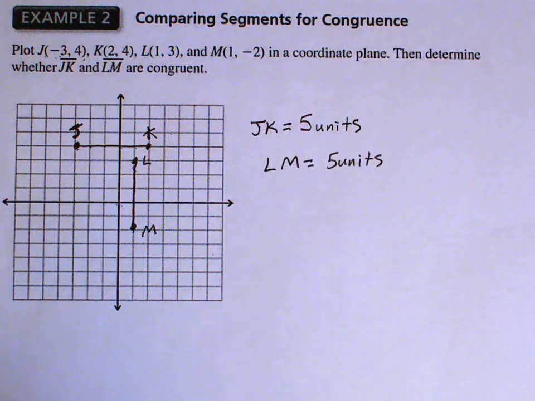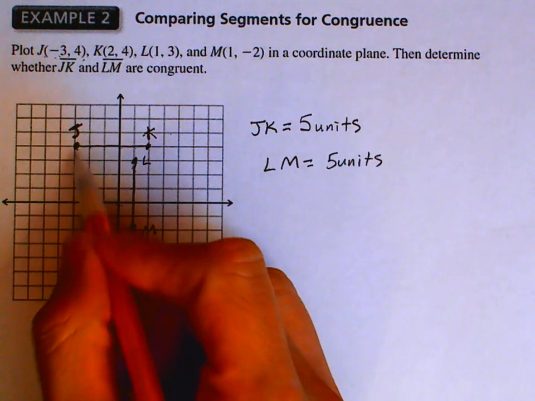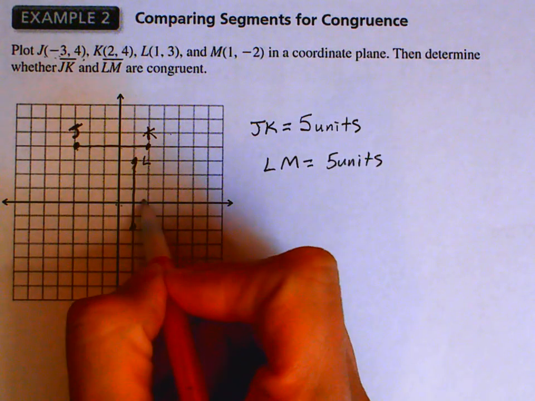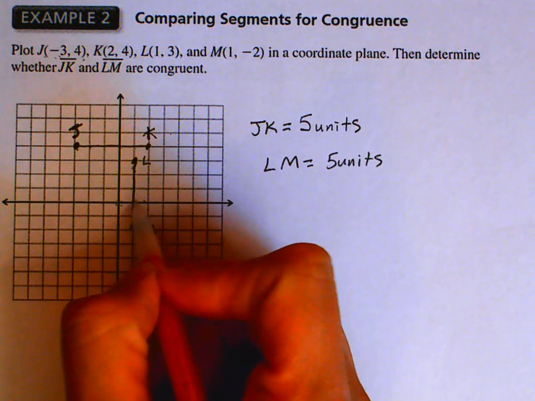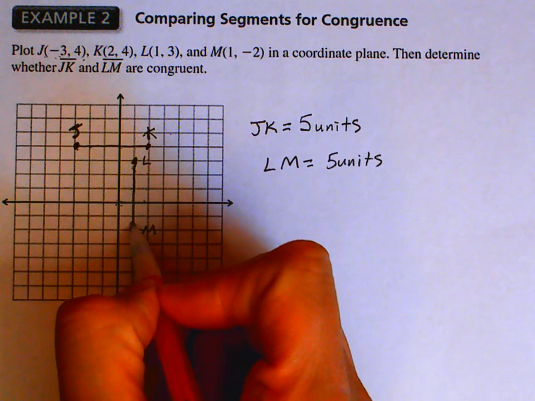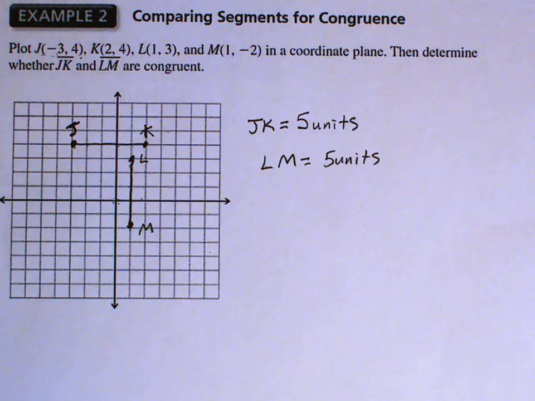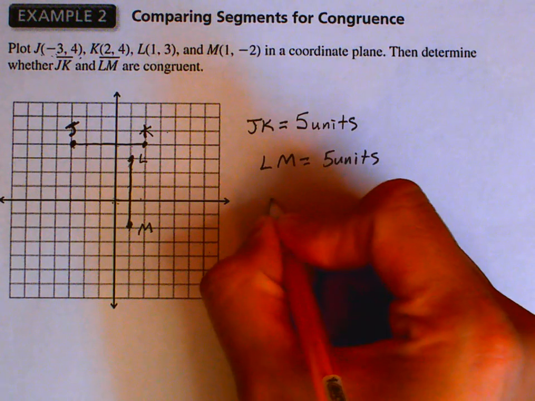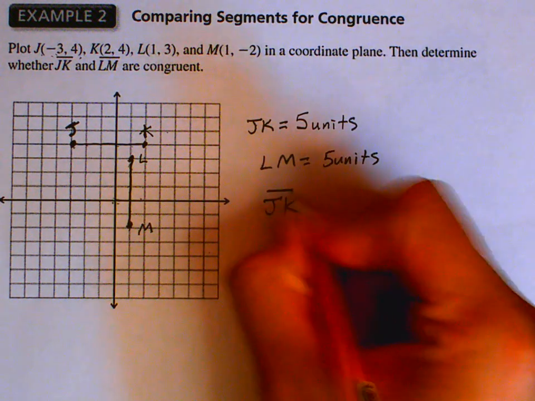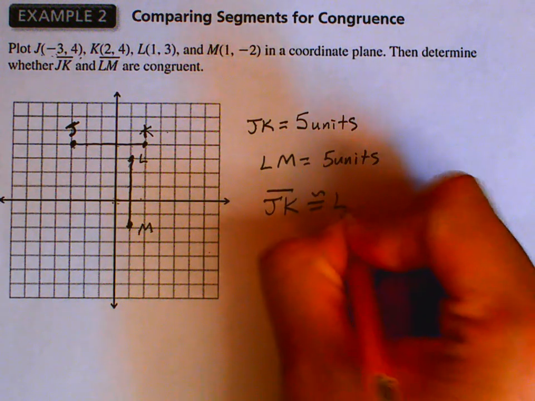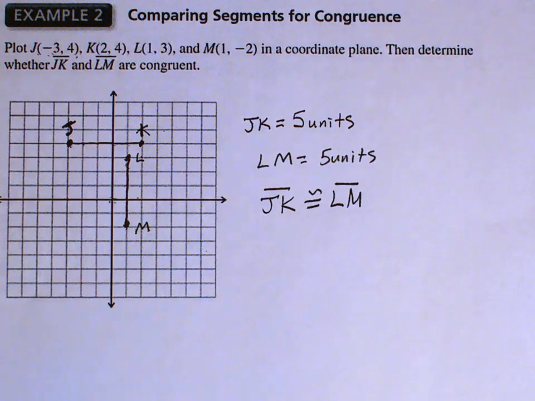Okay, let's double verify I did this right. (-3, 4), (2, 4), (1, 3), and (1, -2). So here's 5 and here's 5. As you can see, these two segments have equal lengths. Therefore, JK is congruent to LM. If these were not the same length, then they would not be congruent.